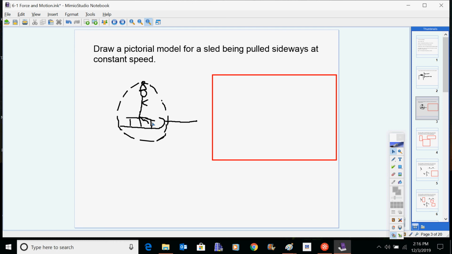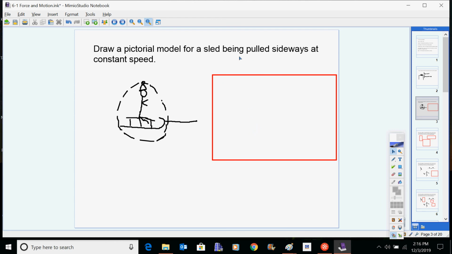We're talking just up or down. So it's down. So the fact that this sled is not plummeting down through the earth means that there has to be an equal and opposite up force. And that up force that goes with the down force is the force of the ground on the sled.